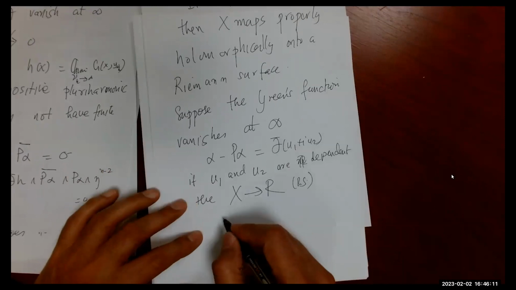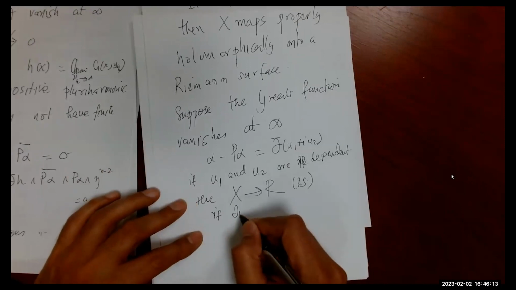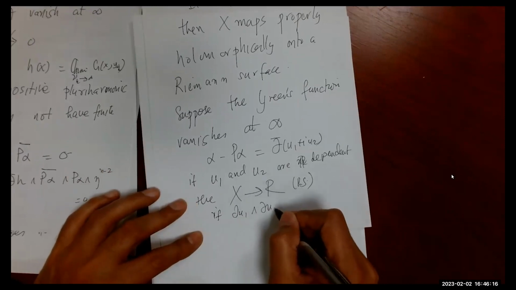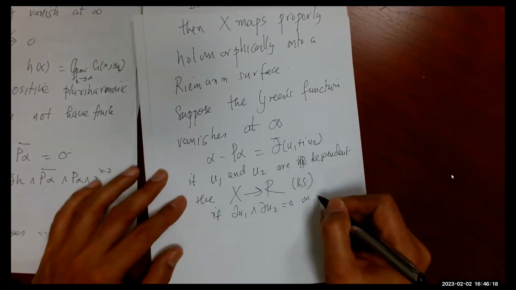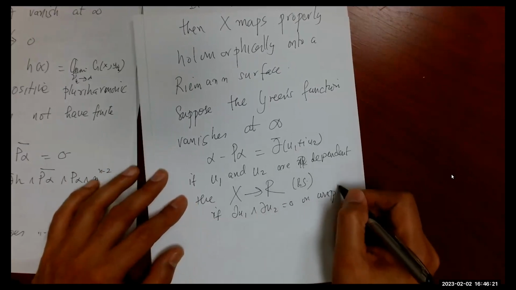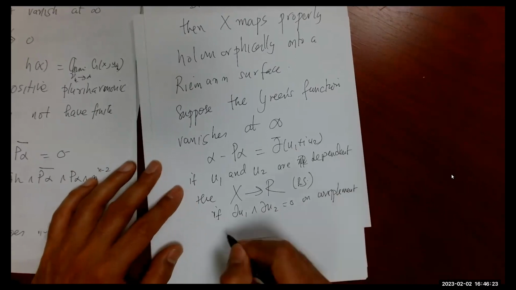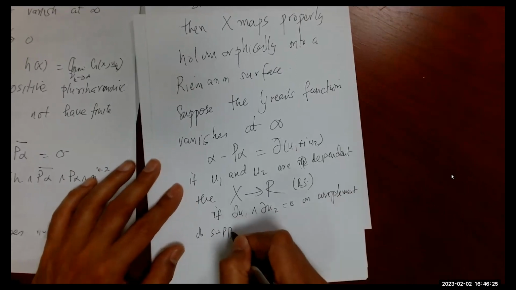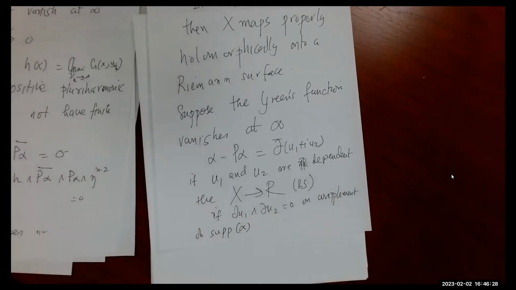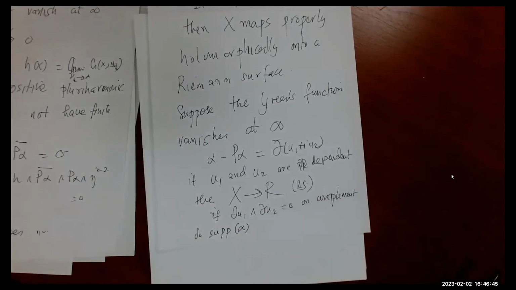Now, remember they are pluriharmonic, so del U1 wedge del U2 is 0 on the complement of the support of alpha. Now you're assuming U1 and U2 are linearly independent, you can still modify the Castelnuovo-de Franchis kind of argument, and then you can map properly onto a Riemann surface. The remaining case is if del U1 wedge del U2 is not 0.